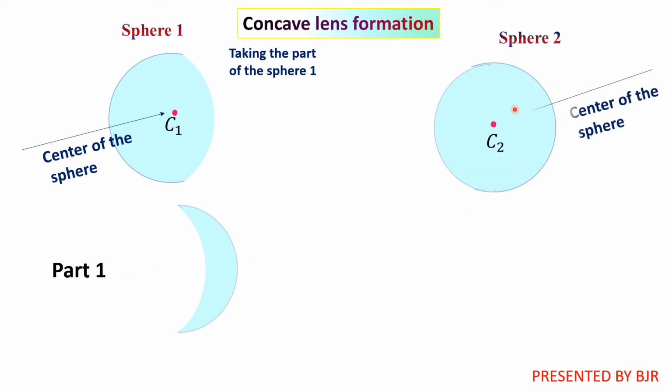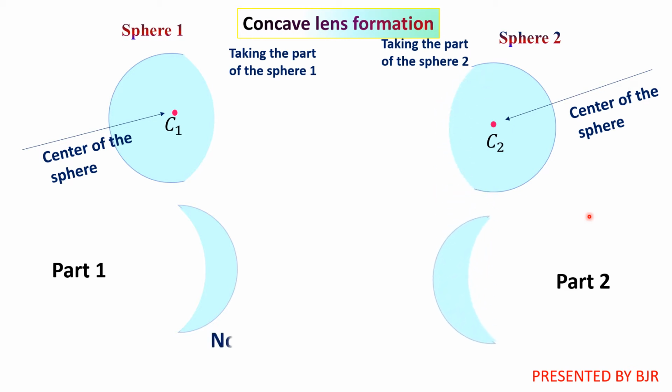Here sphere 2 is there. I am going to take a part from the sphere 2 also. This is the part 2 I have taken from the sphere 2. Now, I am going to join these two parts taken from both spheres. Then a concave lens will be formed. Now I join these two parts.